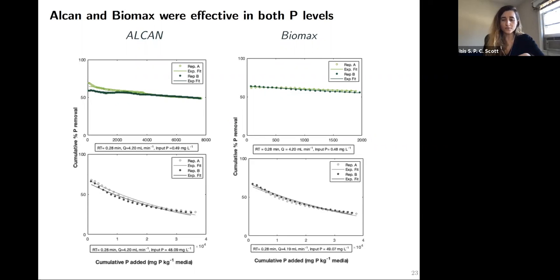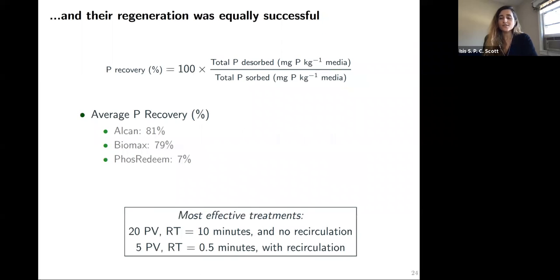And in the bottom row, I'm showing you the high level of phosphorus. They were able to remove phosphorus at a good rate, and it's a material that we would consider for being implemented in a phosphorus removal structure. And the good news is that their regeneration was equally successful.